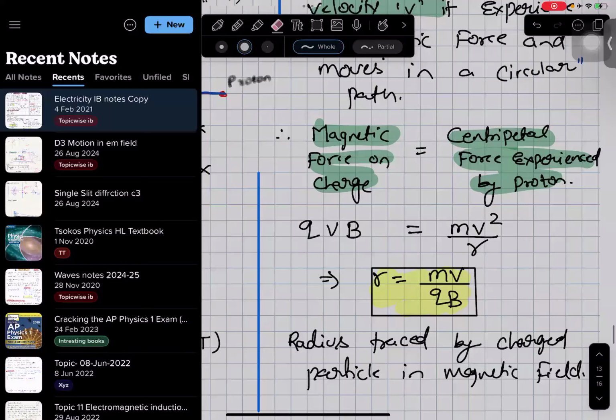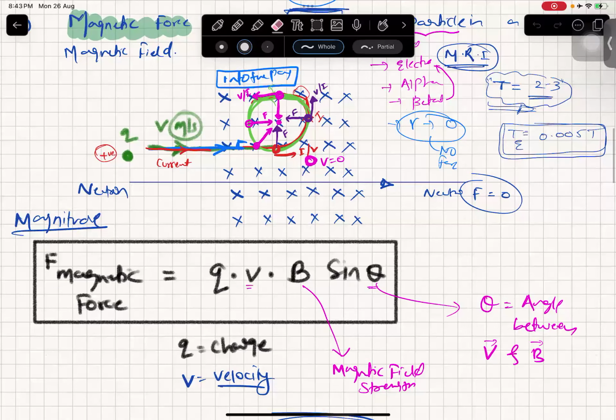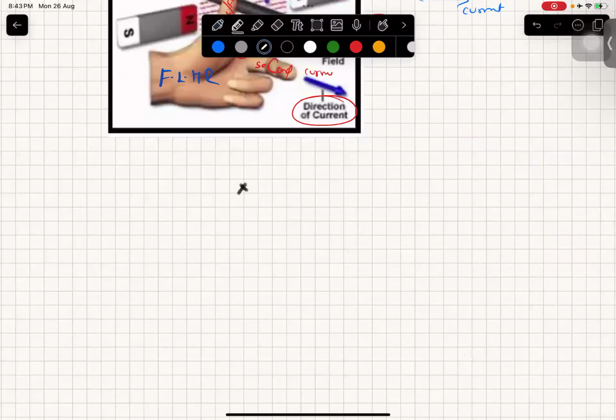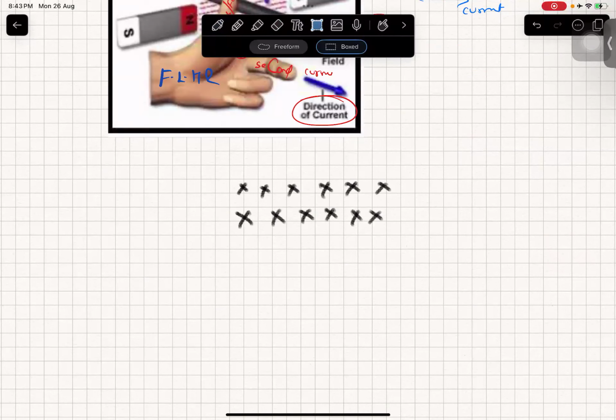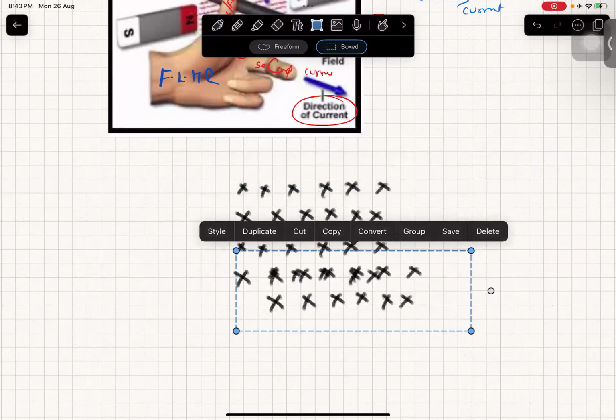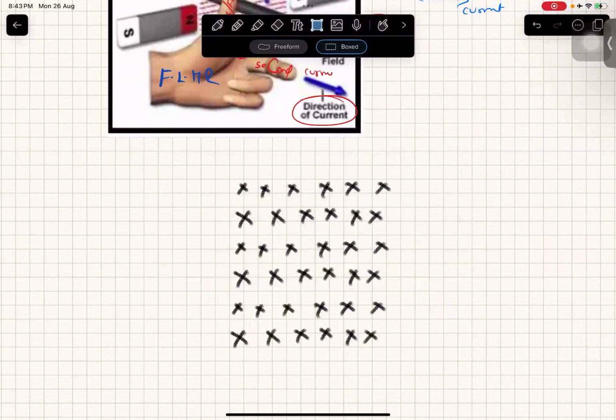But what happens if I set up the same magnetic field and, instead of a proton, I throw in an electron with velocity v?